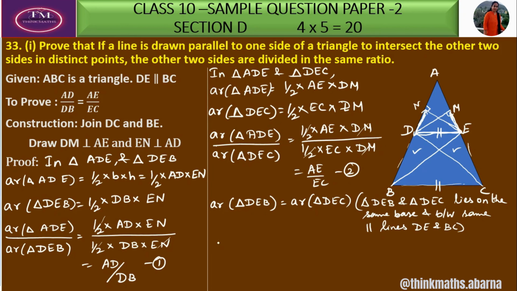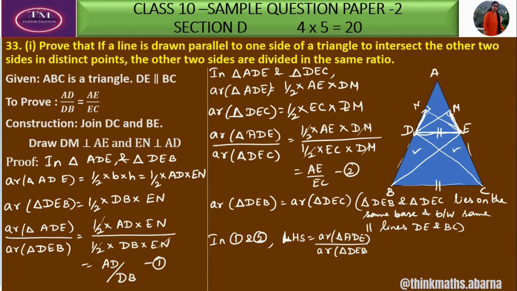So what happens in 1 and 2? The denominator will become equal. Already the numerator is equal, so the left hand side will be the same. In 1 and 2, LHS will be equal to area of triangle ADE divided by area of triangle DEB.